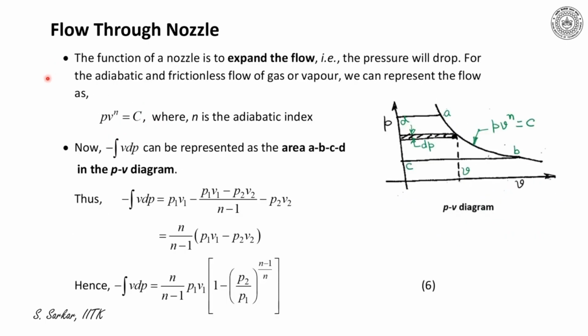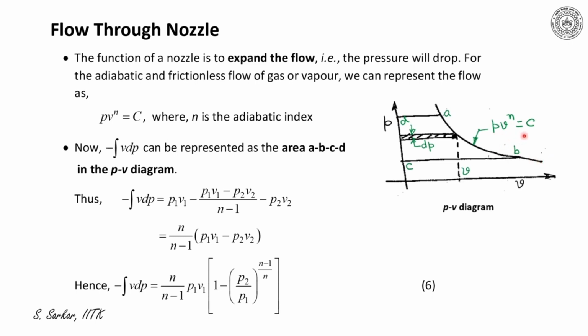The function of a nozzle is to expand the flow, that is, the pressure will drop. For the adiabatic and frictionless flow of gas or vapor, we can represent the process as PV to the power n is equal to constant, where n is the adiabatic index. Now, I have considered a PV diagram where the process is represented by this line, which can be considered 1 and 2.